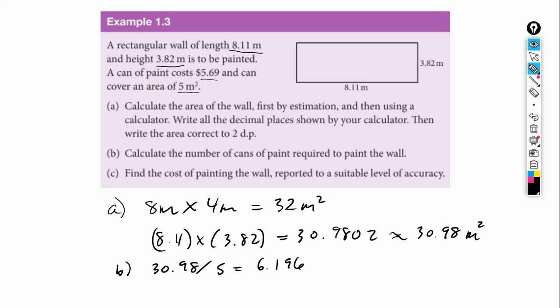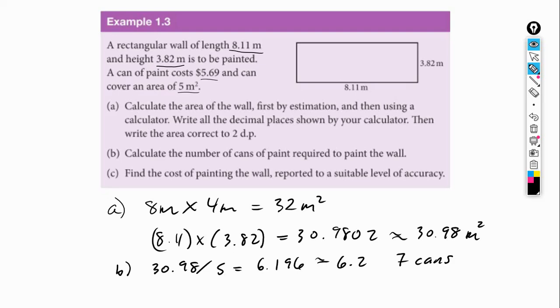Or, approximately 6.2 if we want to round. That means that we need a little more than 6 cans, so we would have to buy 7 cans of paint.